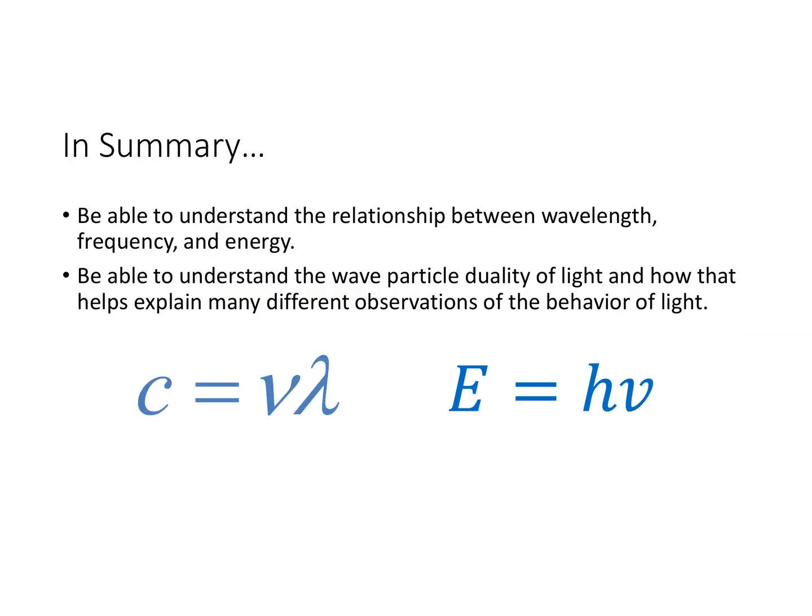So the important things from today's lecture: you should be able to do calculations with both of these equations as well as the combined equation, energy equals Planck's constant times the speed of light divided by the wavelength. And really understand the importance of these experiments and observations, that those discrete wavelengths of light given off by an excited electron, there's a reason behind that.